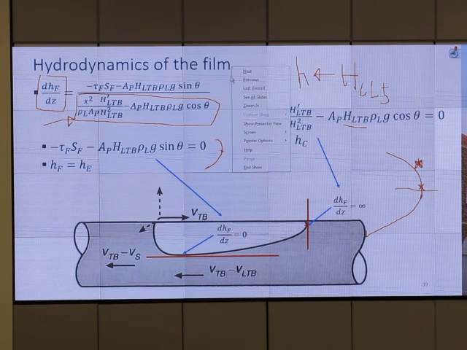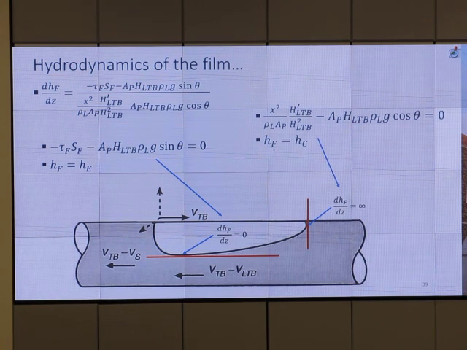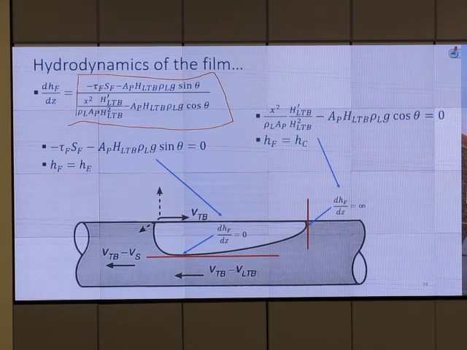Another part is, what about equilibrium height? The film will drop down, and at some point, it will be like that, right? So we call that equilibrium height HE. HE is when the slope is 0. Slope is 0 means this whole thing is 0, or the top part equal to 0.